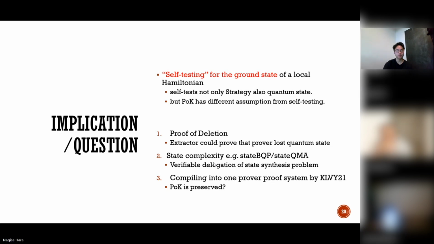But I think it depends. There is no restriction saying that if you consider proof of knowledge, the zero knowledge part must be perfect. There is no such restriction.